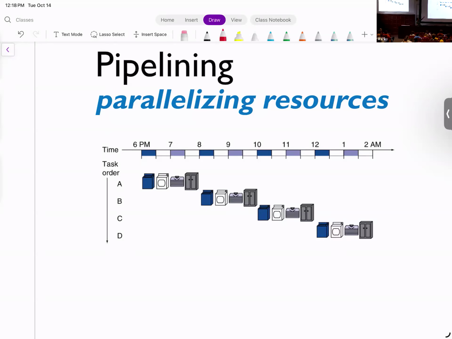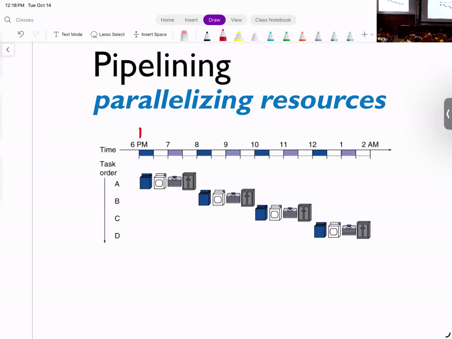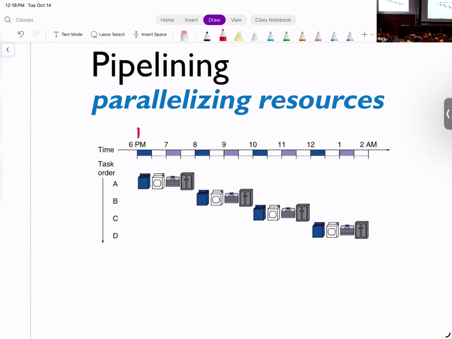If you think about this as a process that takes 30 minutes each, if you start at 6 p.m., you finish at 8 p.m., okay? And then if you have multiple loads, let's say you live in a four-person apartment, then one person does it, the other person does it, and so on and so forth. So it takes this amount of time.